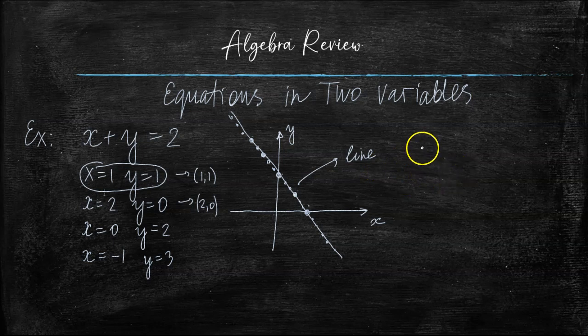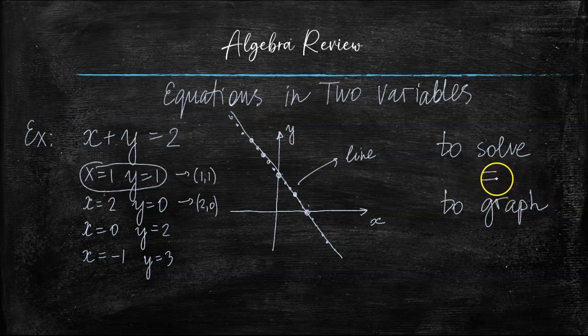So for equations in two variables, to solve means to graph. And it's actually true even for one variable, right? So in general, it does make sense to think of to solve and to graph as two equivalent tasks.